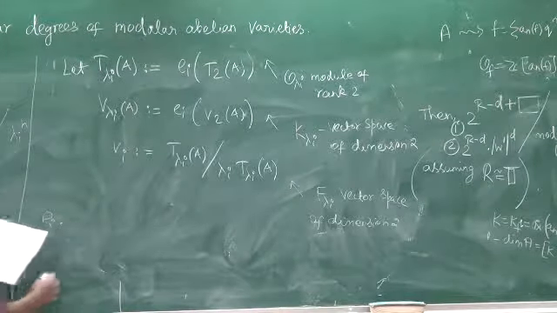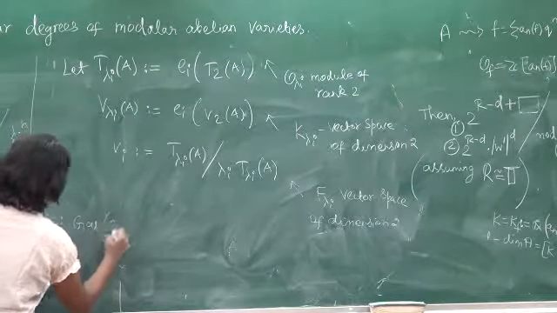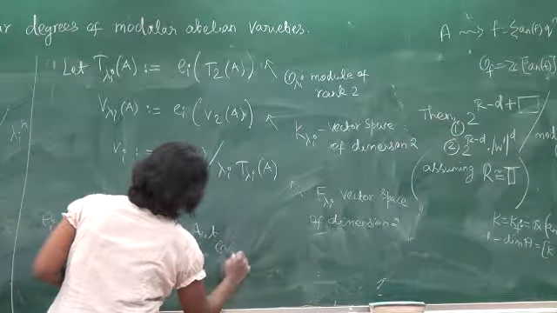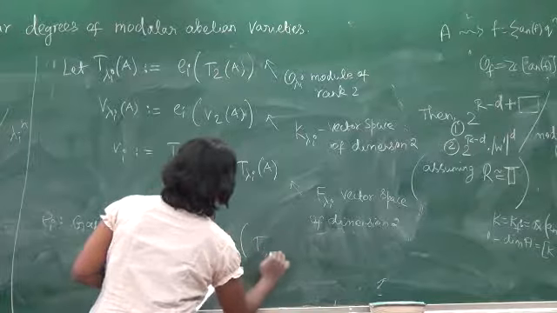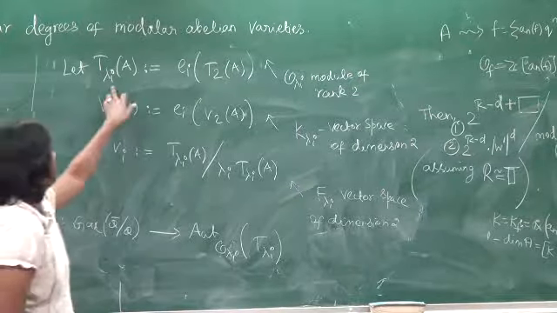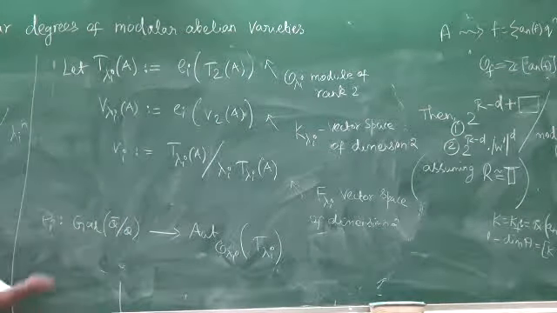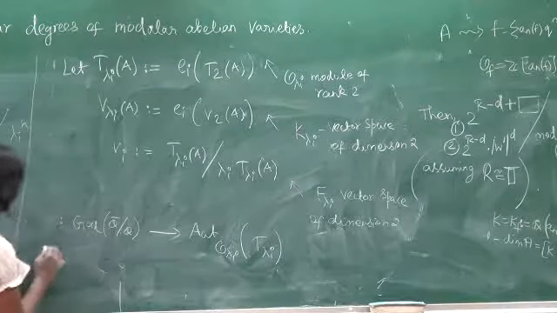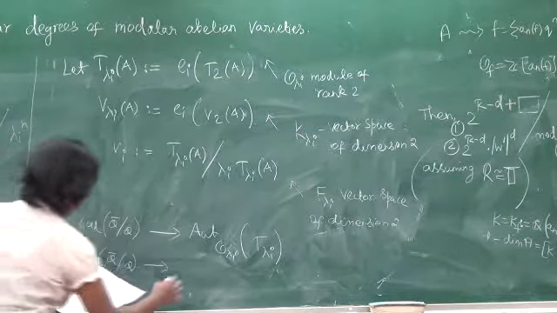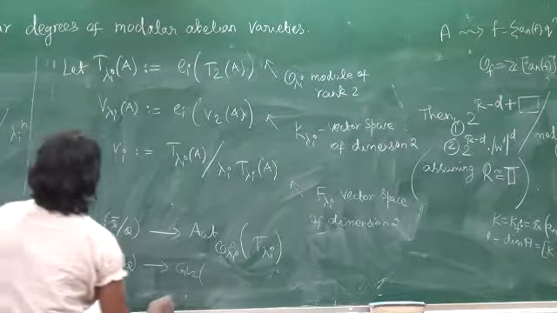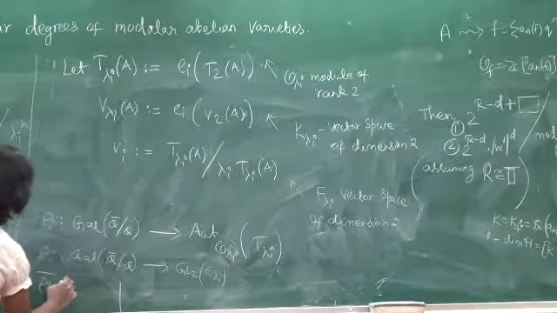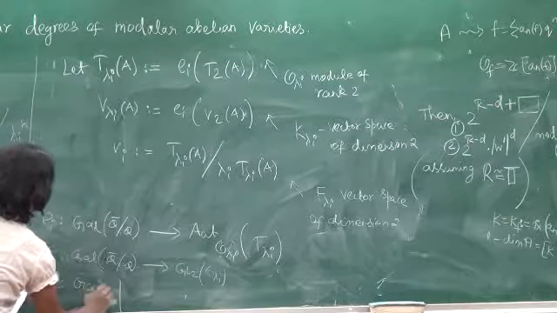So for every i we have a Galois representation. Because T_lambda_i is an O_lambda_i module of rank 2, I will have a rho_i, and rho_i bar is its reduction modulo lambda_i.